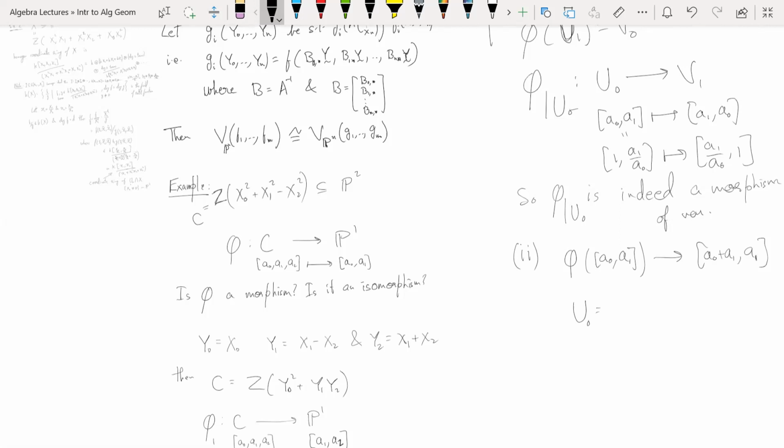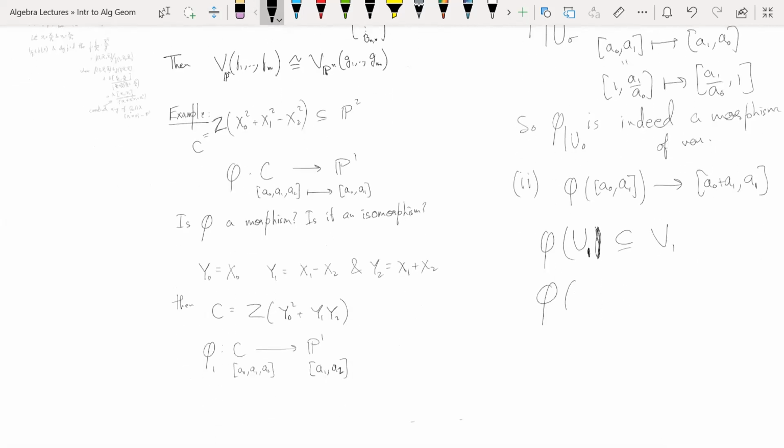So you check that at least phi of u1 is contained in v1. If a1 is non-zero, then of course the second coordinate is non-zero. But for phi of u0, I just have to take some affine open. It need not be the standard affine open.